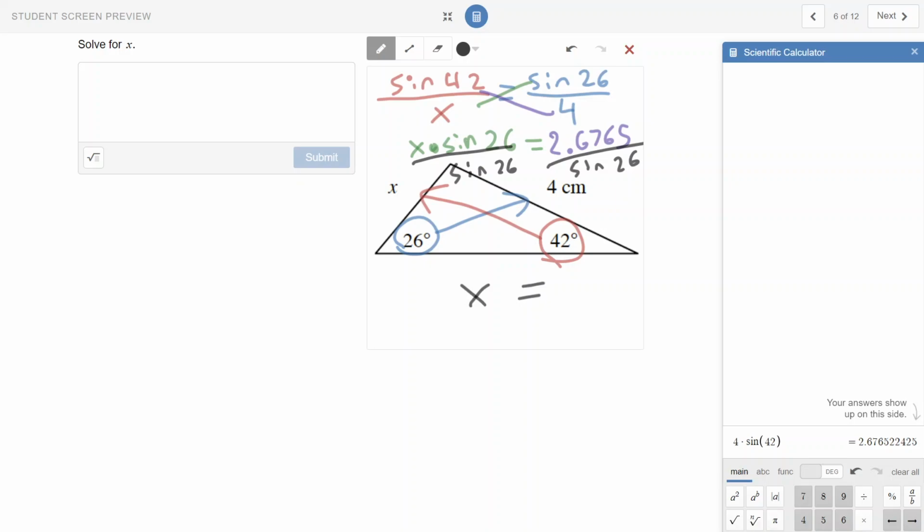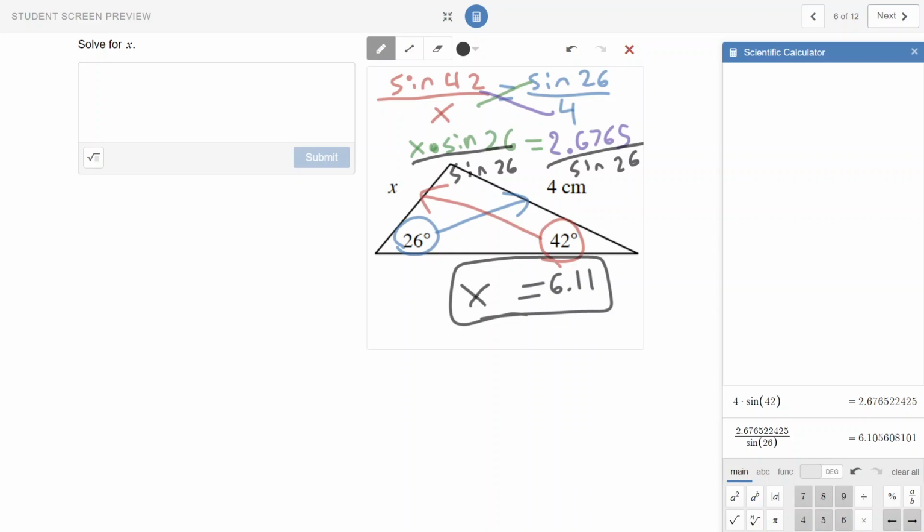By the way, to get even more accurate, instead of rounding this, I'm going to copy all of that and then paste it, and do divided by sine 26. That's going to get me more decimals of accuracy than if I had rounded it. So that's going to leave us with 6.1056, blah, blah, blah. I'm going to call that 6.11. The 0 rounds up to a 1 because the number after it is a 5.